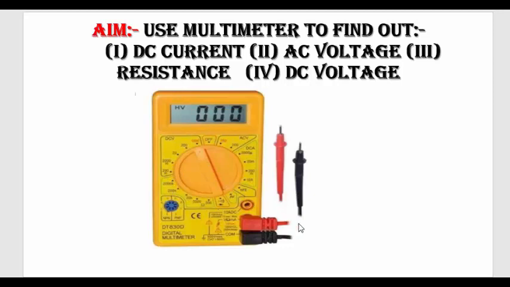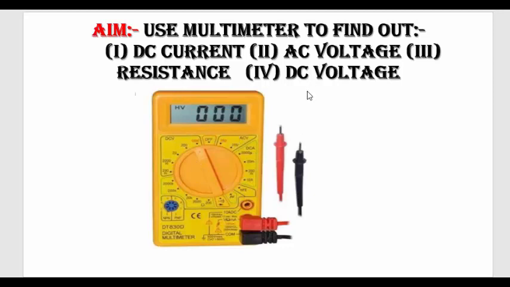And here is a resistor. We need an unknown resistor whose resistance we have to find out. After setting this knob in this region, we are able to find out the resistance. Similarly, for the DC voltage, we have to set our knob in this region, and after setting the knob, we are able to find out the DC voltage.